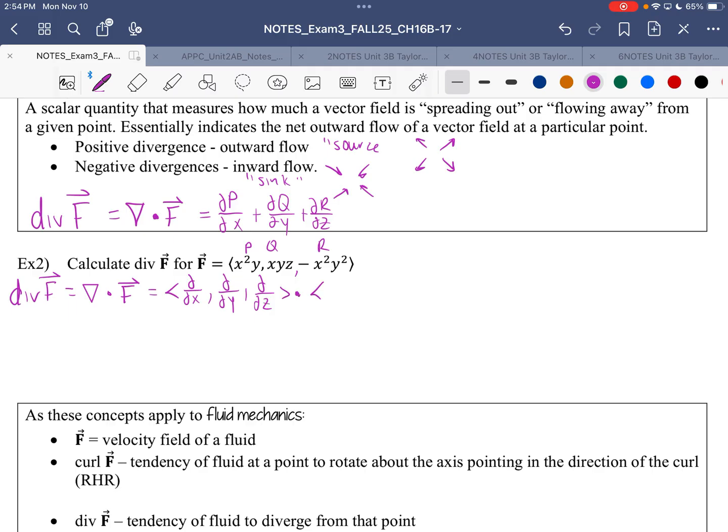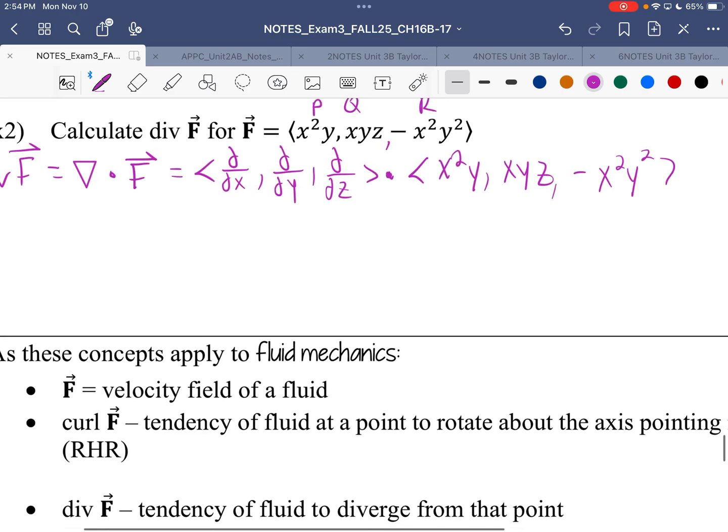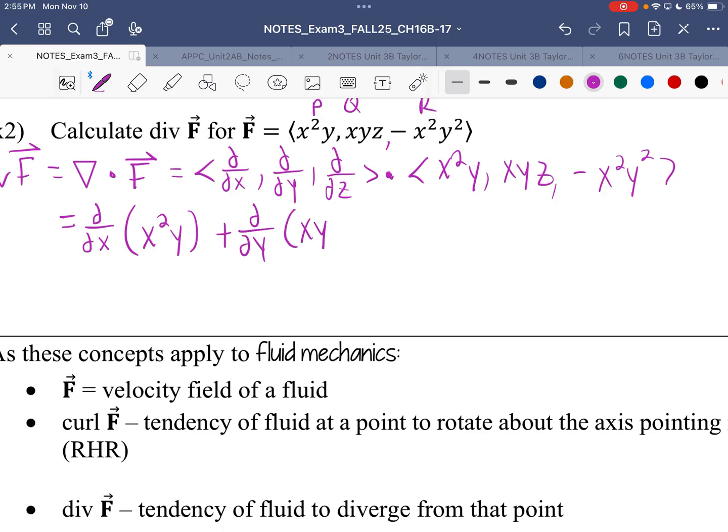Dot producting with F, which is x squared y, xyz, negative x squared y squared. Which really gives us, we're doing the partial derivative with respect to x of that first component of the force vector. Plus, because it's a dot product, we're adding between terms, partial derivative with respect to y of the second term, plus partial derivative with respect to z of the third term.